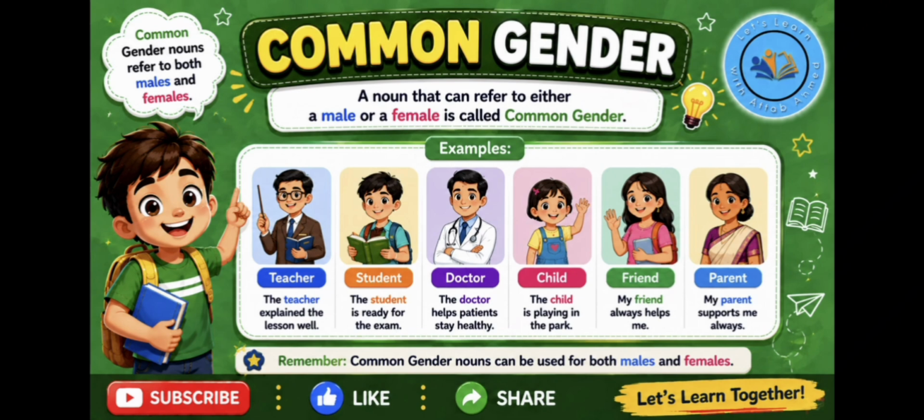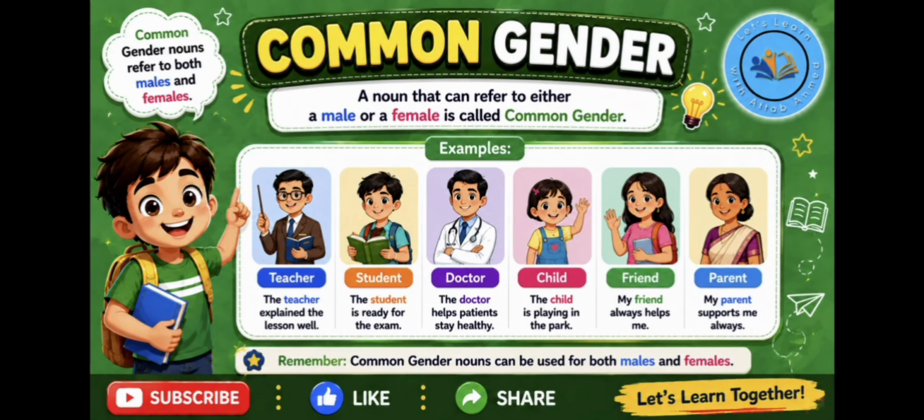Student. Similarly, a student can be either male or female. Doctor. A doctor may be a man or a woman. Child. The child can be a boy or a girl. Friend. A friend can be a male or female.